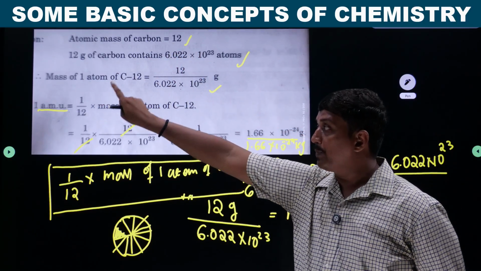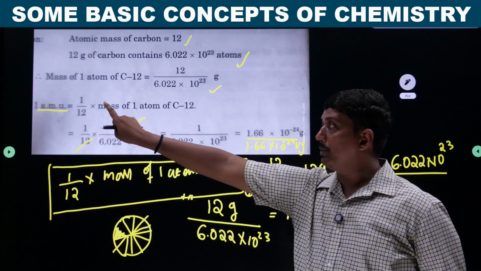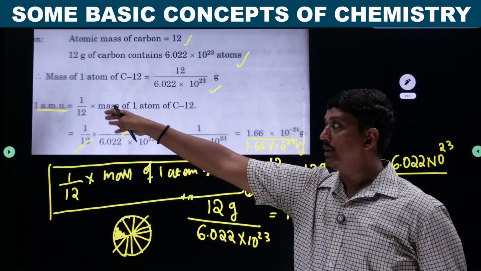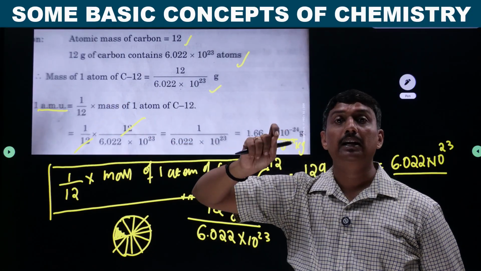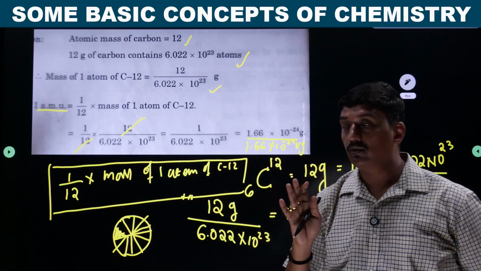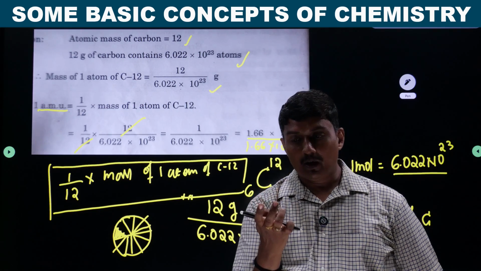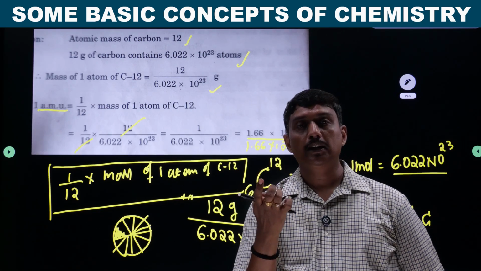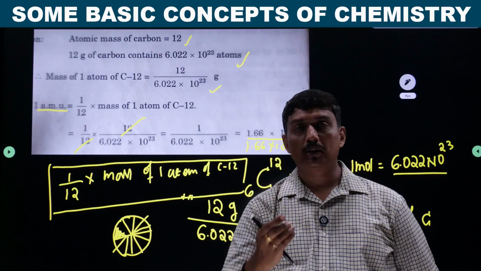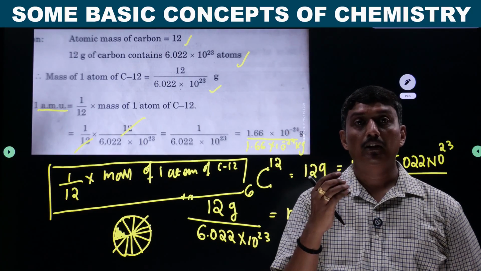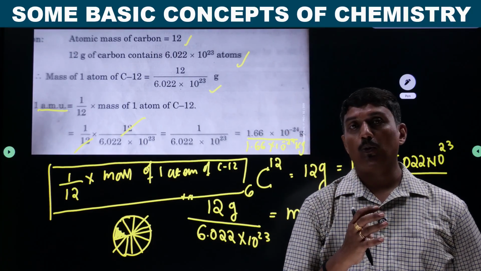Atomic mass is also called unified mass. It is represented as AMU. So this is about gram atomic mass, mass number and the AMU system. Later we will discuss the mole concept.